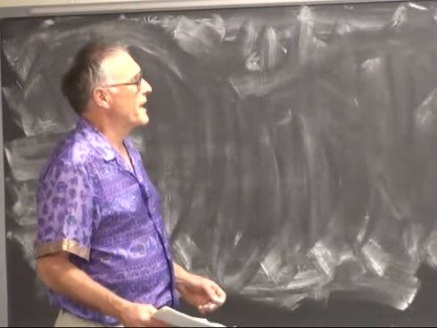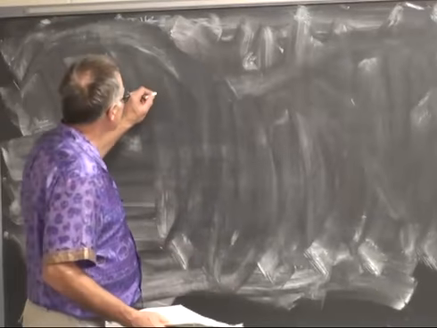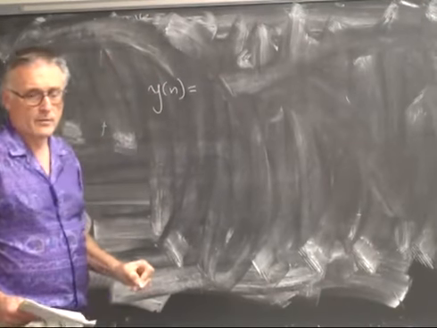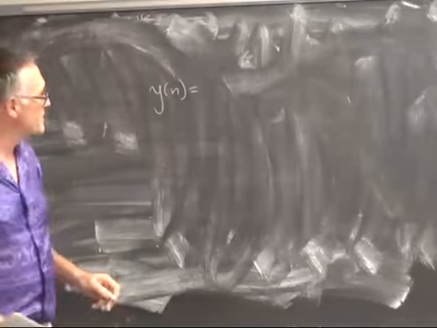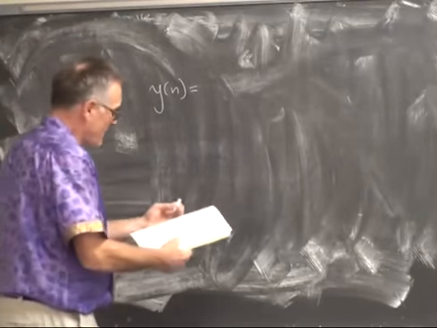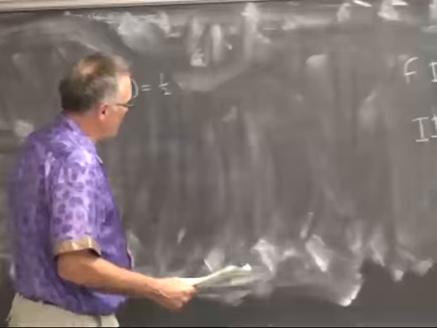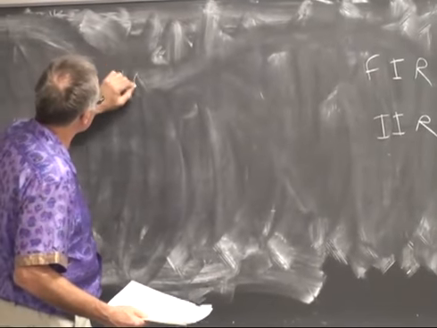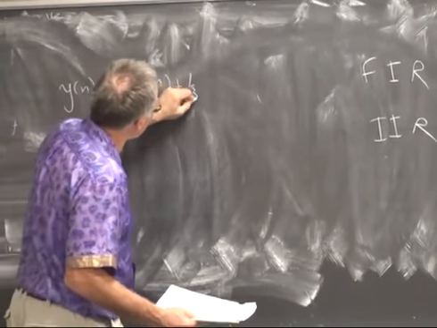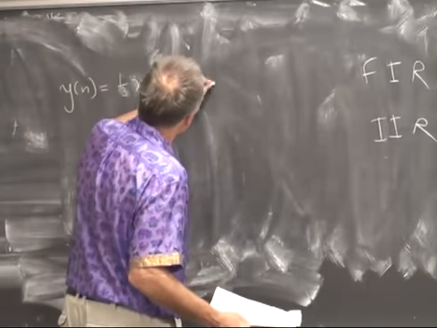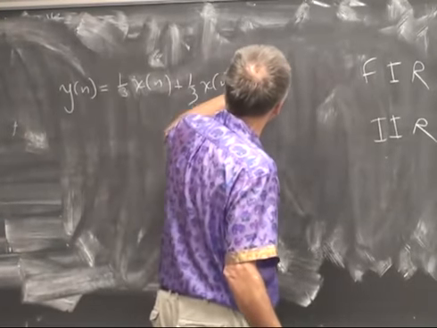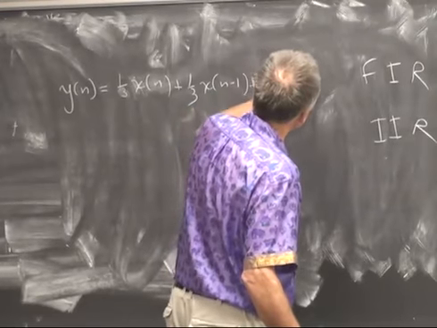So let's do a couple of examples. Well, the first filter that everybody thinks of when they want to build a simple low-pass filter is a so-called running average filter. And this is a very simple running average filter: 1/3 times xn plus 1/3 xn minus 1 plus 1/3 xn minus 2.